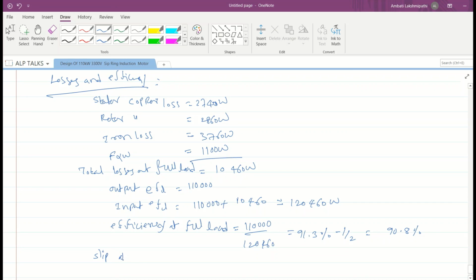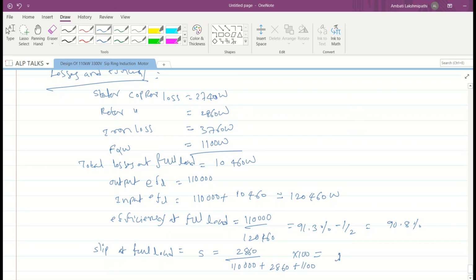Slip at full load is the percentage difference in speeds. So rotor copper losses 2860 divided by the total, 110, total rotor losses, 1100 watts. So with this the slip value comes to be 2.5%.